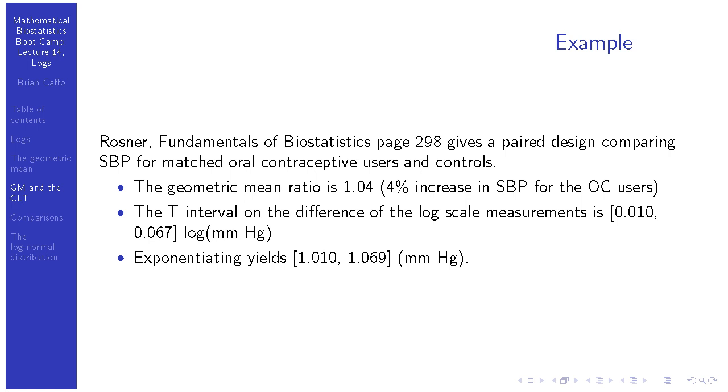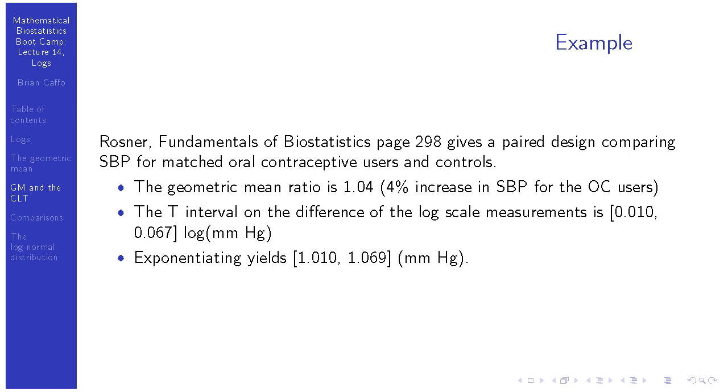it gives a paired design where it compared systolic blood pressure for people taking oral contraceptives and matched controls. A paired design is where you have a person and a bunch of covariates that you're concerned with when you want to compare, say, oral contraceptive use to controls. You're worried that the group of people that take oral contraceptives are different than the group of people who don't.